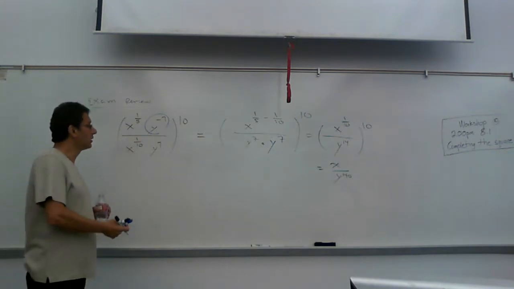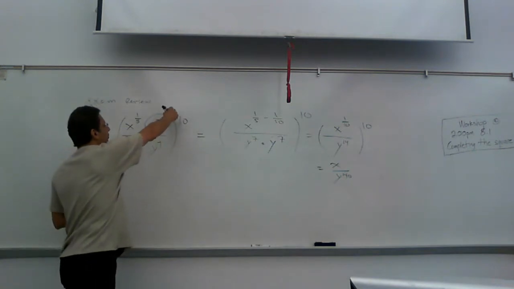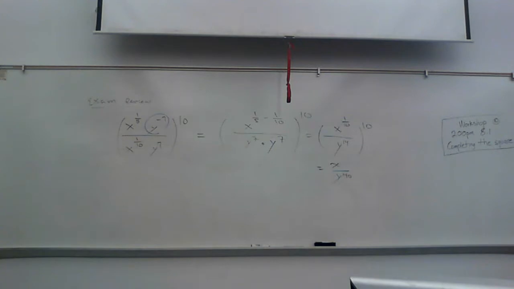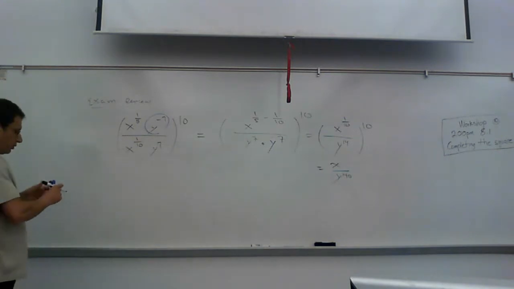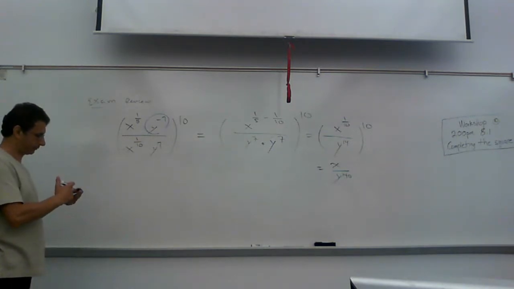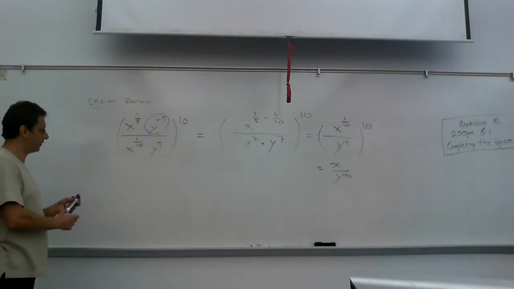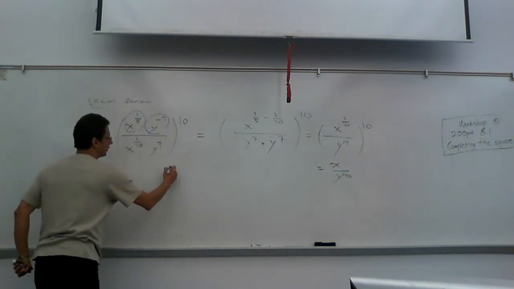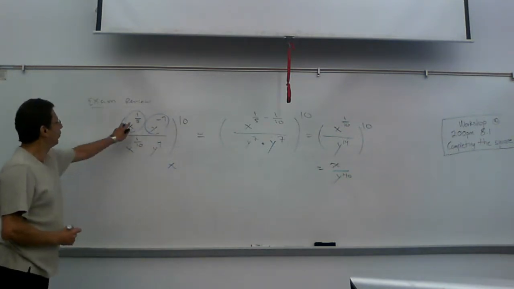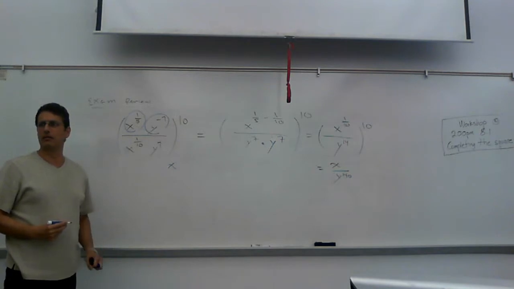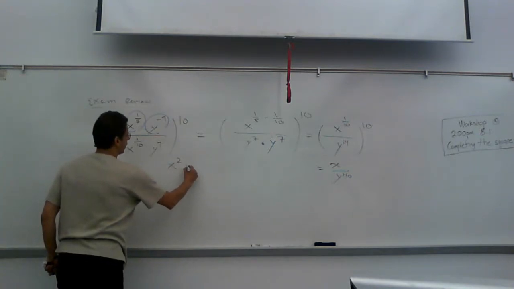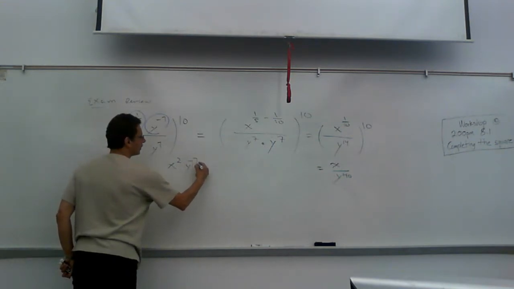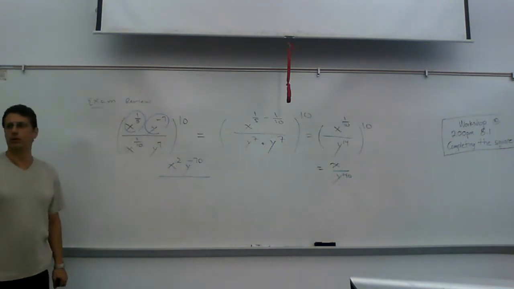In this instance, the second method, applying the power rule first, would work faster. So let us do that. If we multiply everything by 10, do you see what happens with this one? 1/5 times 10, what's the answer? 2. y to the power of -7 times 10 is 7. You're done with the top.